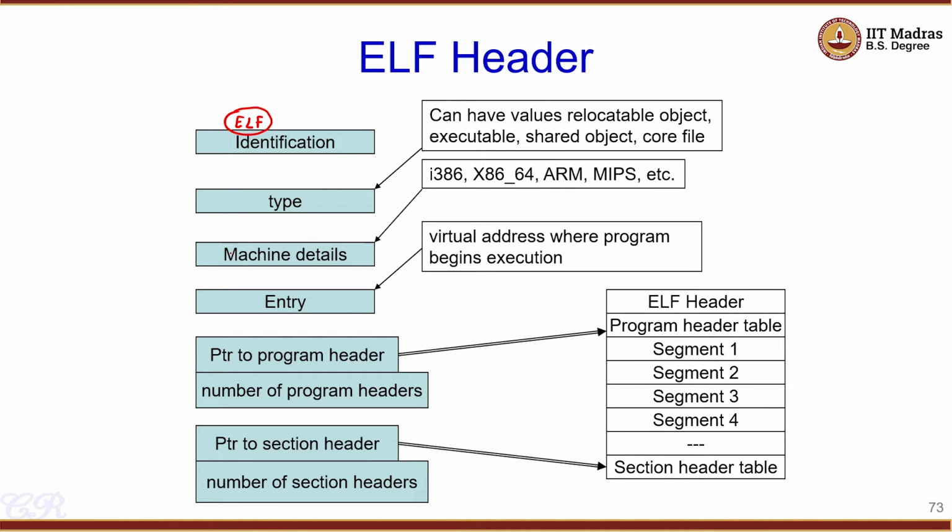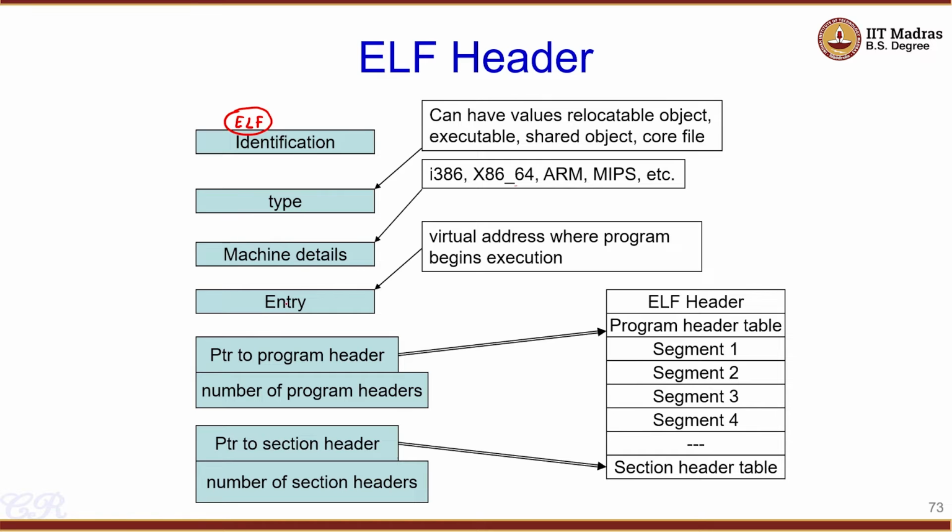The machine details tell you whether this ELF file is compiled for an Intel platform like i386, which is a 32-bit Intel platform, or a 64-bit Intel platform, or ARM, MIPS, RISC-V, etc. This information is encoded.